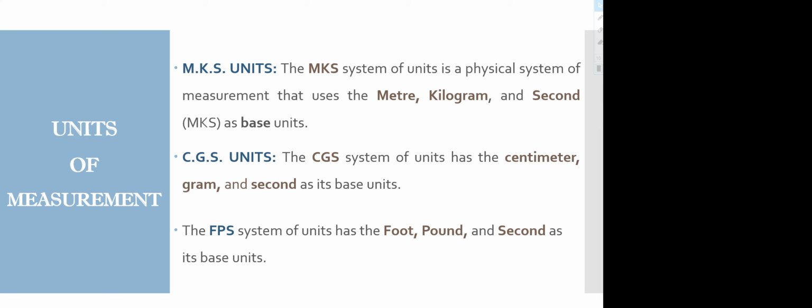Here in India, we generally use meter, kilogram and second base units, which is MKS units. At times you use CGS also. If you are going to use meter, then it has to be completely meter, kilogram and second. It should not be mixed throughout.